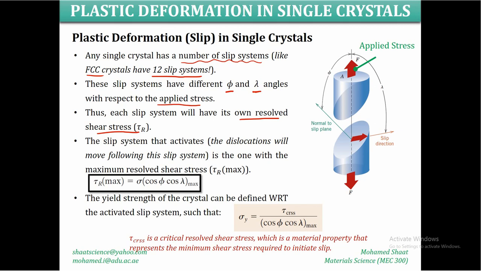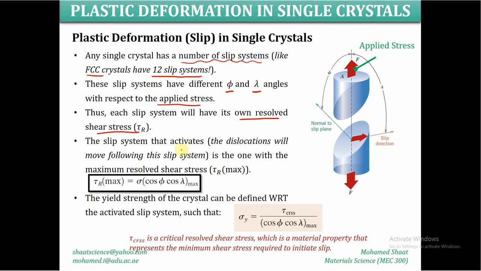This depends on the direction of the applied force with respect to the slip plane and the slip direction of these 12 slip systems. If you calculate these angles and calculate the resolved shear stress, the slip system with the largest resolved shear stress is the slip system that the dislocation is going to follow and move along.